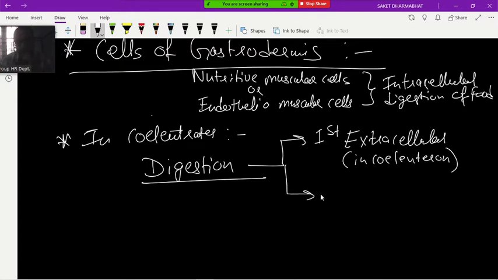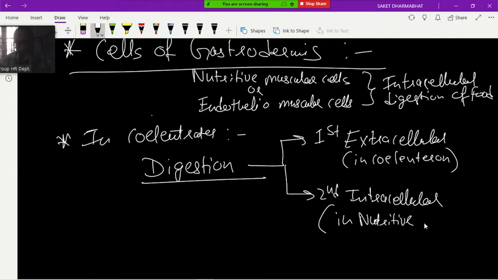Then second, intracellular. Which cell? Nutritive muscular cells. Clear? But in sponges, only intracellular digestion takes place. That means first in choanocyte, then in trophocyte. But here, first extracellular digestion in the coelenteron by the digestive juices, and second in what? Nutritive muscular cell. Clear up to here?